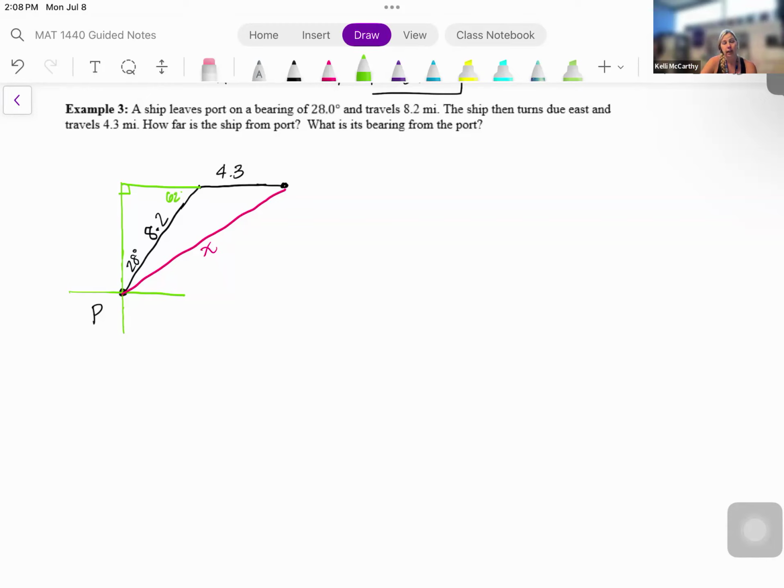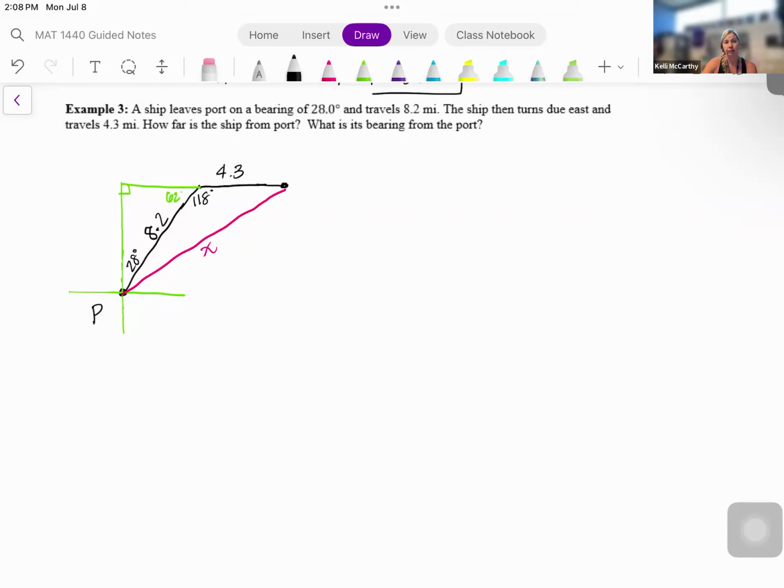And now those two angles, that interior angle of our triangle and that top angle from our right triangle, are supplementary. So that tells me that that interior angle of our triangle is 180 minus 62, or 118 degrees.